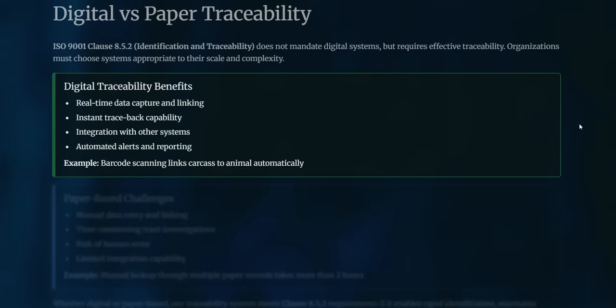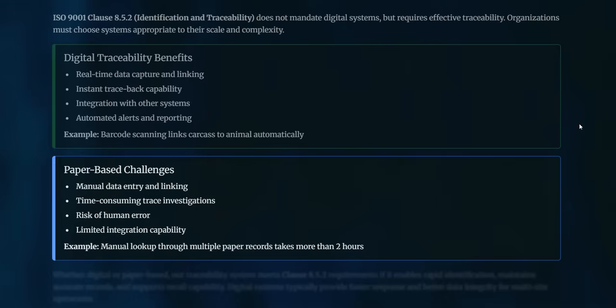Now, let's look at paper traceability, the challenges. The challenges of paper-based traceability here are four. And we must remember, nowadays you have a lot of software that you can implement very affordably for digital traceability.